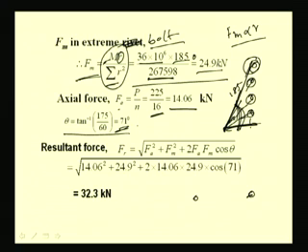As we have seen, if we have rivets, say extreme rivets are here, because the direction of force due to moment is perpendicular to the radial direction, this rivet will have the maximum force.